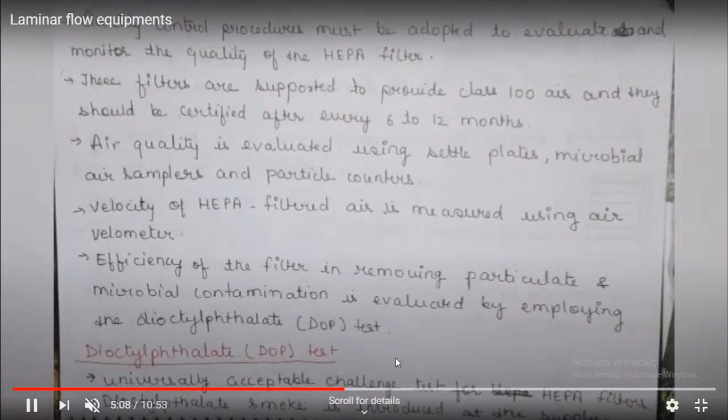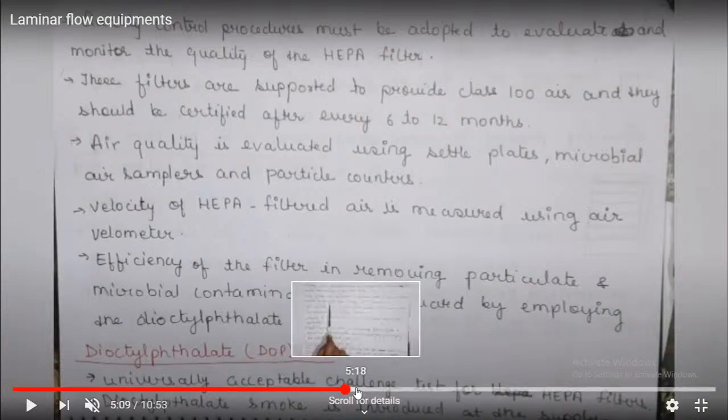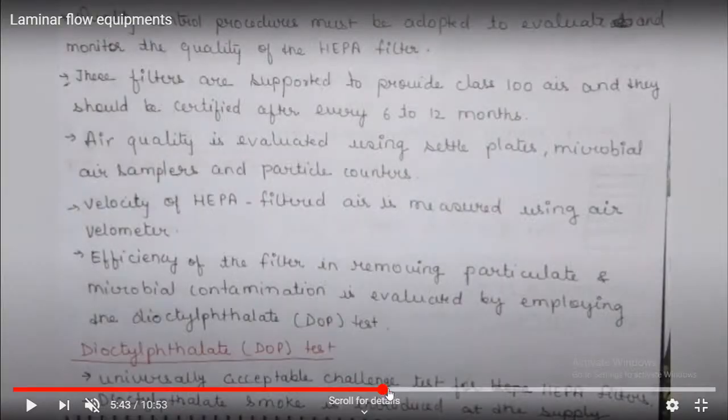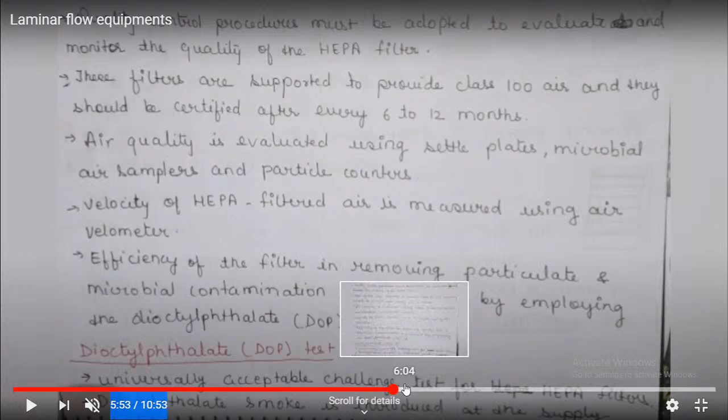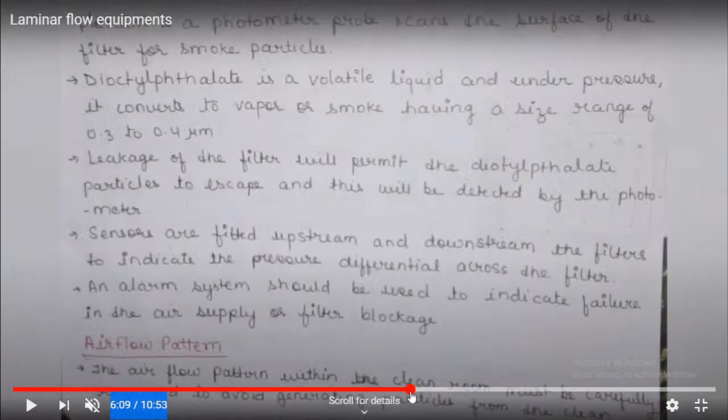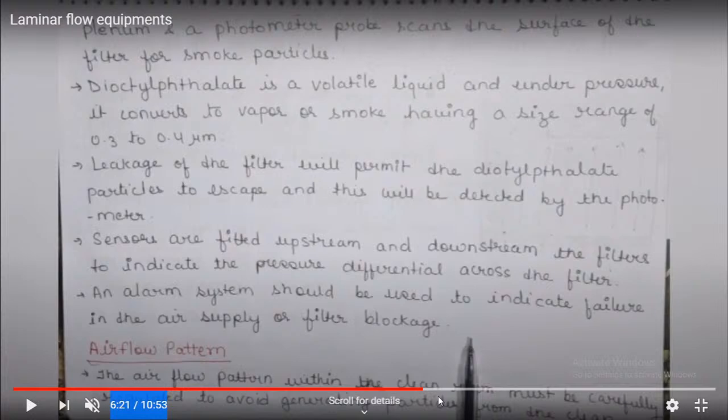And what is DOP? Dioctyl phthalate, that test is a universally acceptable challenge test for HEPA filters, and the dioctyl phthalate smoke is introduced at the supply of the air. After that, we check whether the smoke passes through the HEPA filter or not.